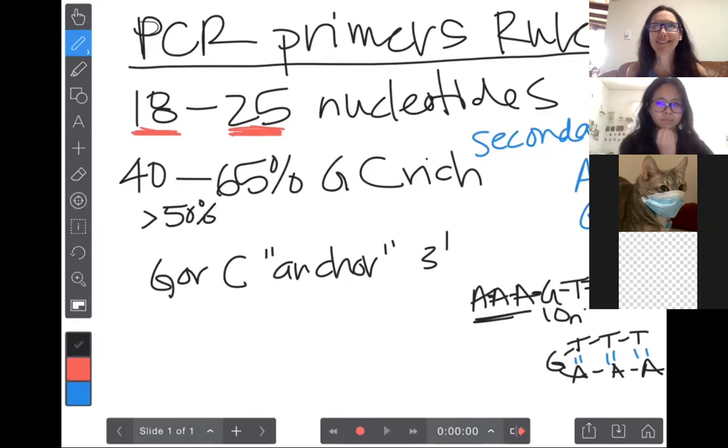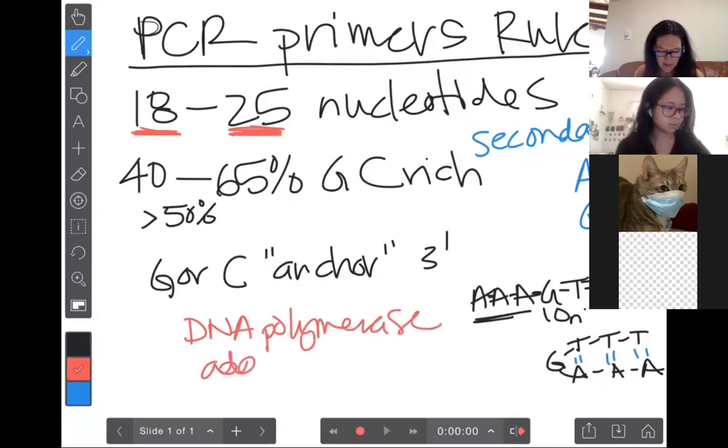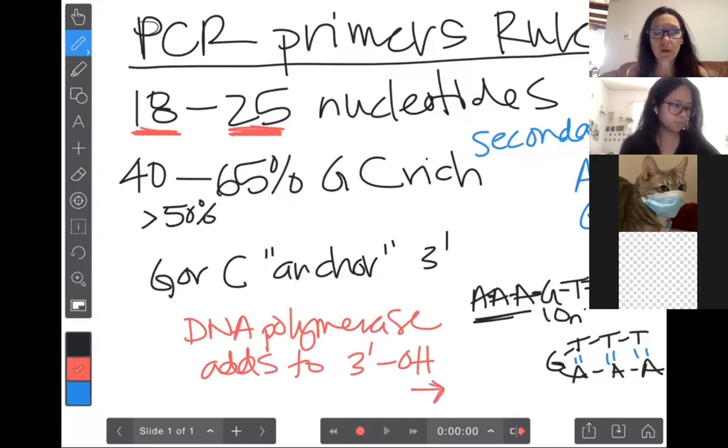Anyone? Okay, I'll tell you. DNA polymerase only polymerizes to the 3' OH. That's where it adds the next nucleotide. That's how you know what direction replication is going to go.